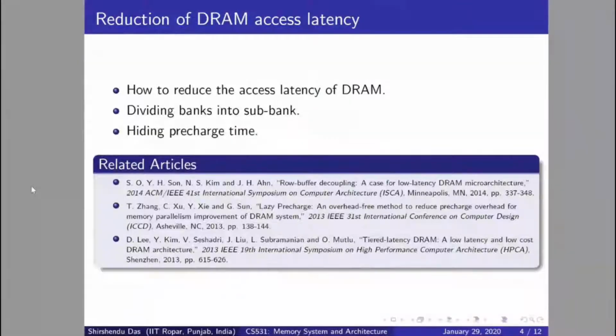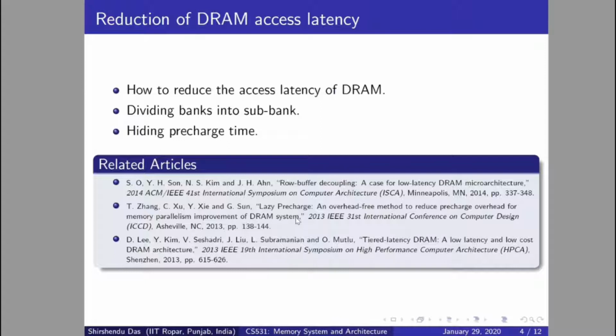The next proposal is lazy pre-charge. Lazy pre-charge is also almost similar to the first proposal. That means it's also concentrating on pre-charge time. The first paper that I explained was mainly based on how to reduce the pre-charge time. Here it is saying how to hide the pre-charge time. That's why it's called lazy pre-charge.